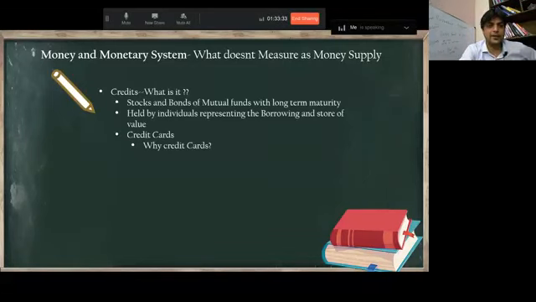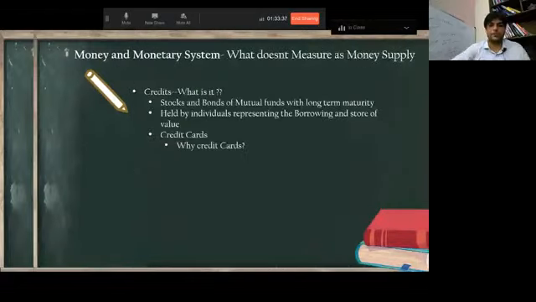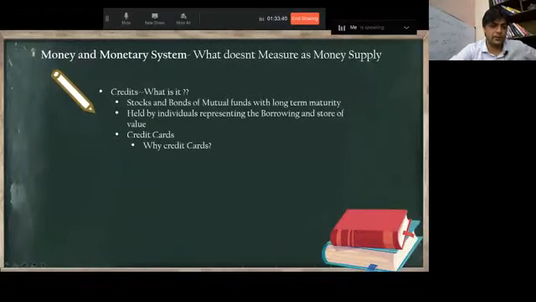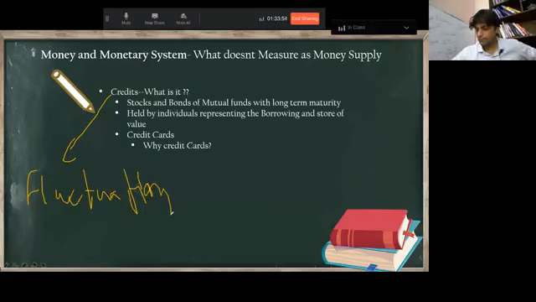Because their prices fluctuate over time, they change quickly, which means we are not sure about the fluctuations. Fluctuation means change. So because of fluctuating prices, these credits may include stocks and bonds of mutual funds with long-term maturity.